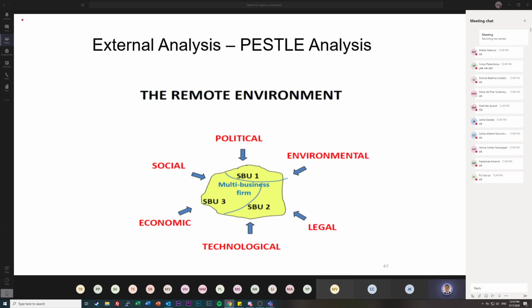Please type it in the conversation. Those of you who are typing here will obtain points for today's activity. So, one example of a political factor when analyzing the external environment of the university.